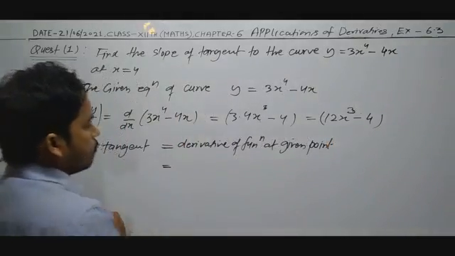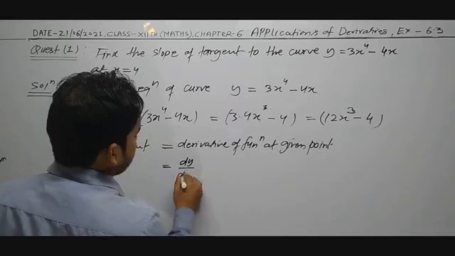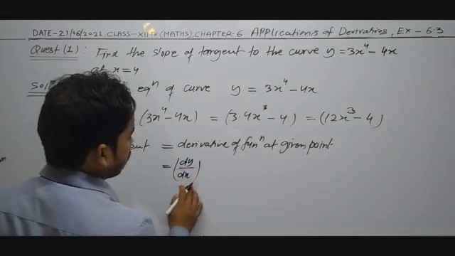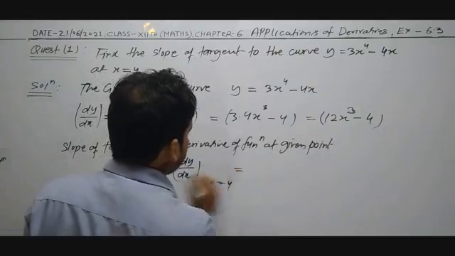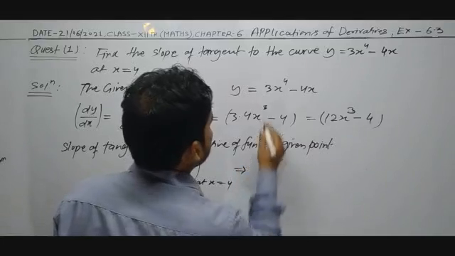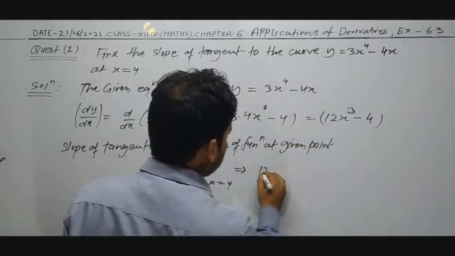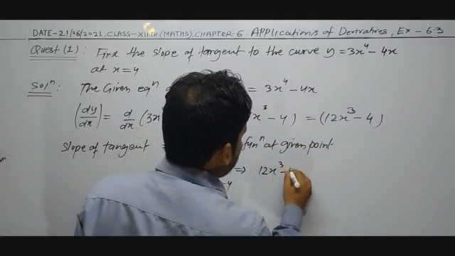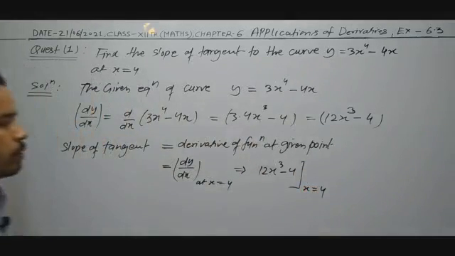So that will be equal to dy by dx at x is equal to 4, which is 12x cube minus 4 at x is equal to 4.